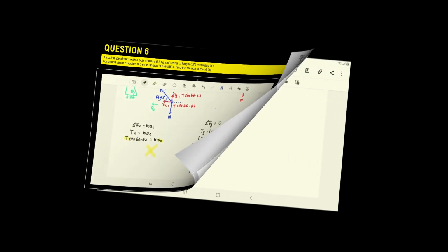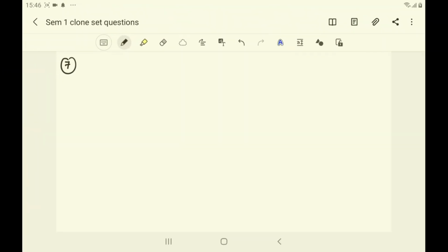That's all. Question 7, we want to calculate the minimum speed which a body must have to escape from the moon's gravitational field. Given that the moon has a mass of 7.7 × 10^22 kg and the radius of the moon is 1.7 × 10^6 meter.